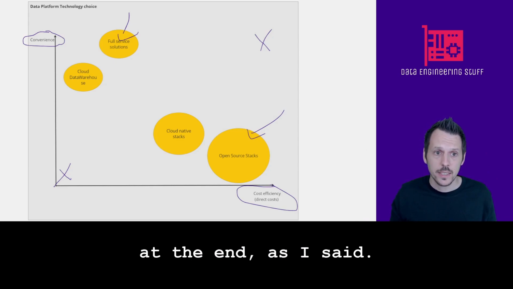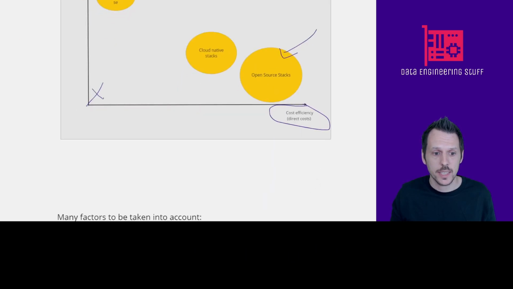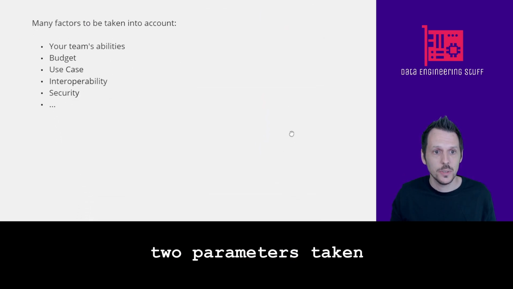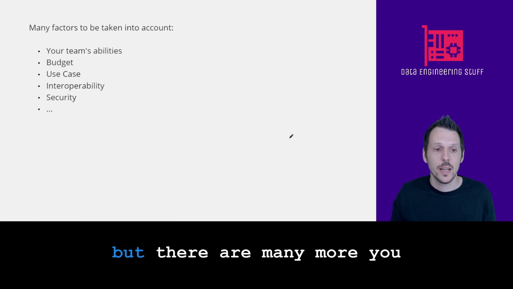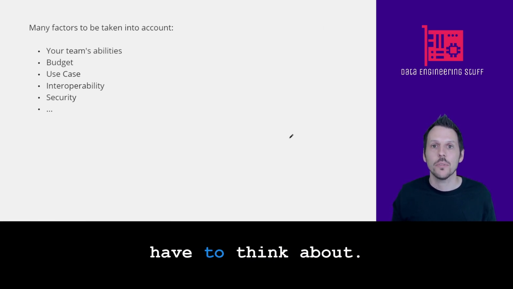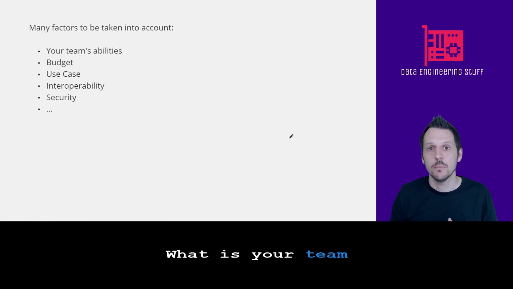At the end, as I said, we only took two parameters into account, but there are many more. You have to think about what your team is able to deliver in regards to the people working there, simply the count of people, their ability, also their mindset.